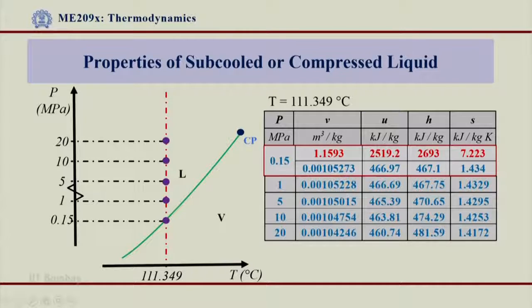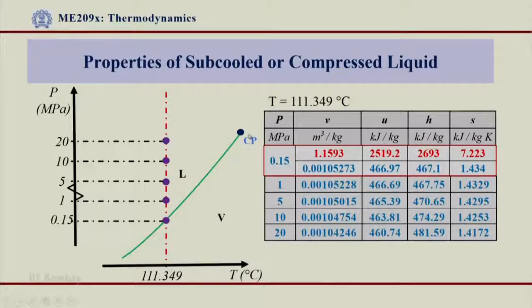Initially it was in the 7th, then maybe in the 6th decimal, and now as far as specific volume is concerned, it is in the 5th decimal place, while U has changed from 466 to around 460, just above 1%, while you can see that enthalpy has changed from 467 to 481, which is a little bit more as compared to V, U and even S. S value has also changed from 1.43 to 1.41, which is not very much change in these properties.